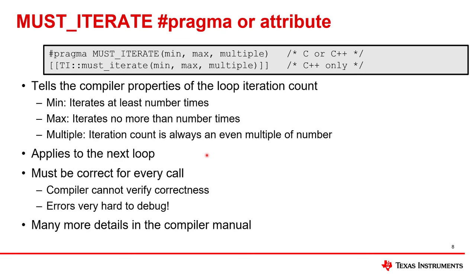And so you can imagine that this function is called multiple times with different values for that parameter. And whatever you say in the must iterate pragma or attribute has got to capture what happens for every call. It's got to always be correct because the compiler cannot verify the correctness itself.